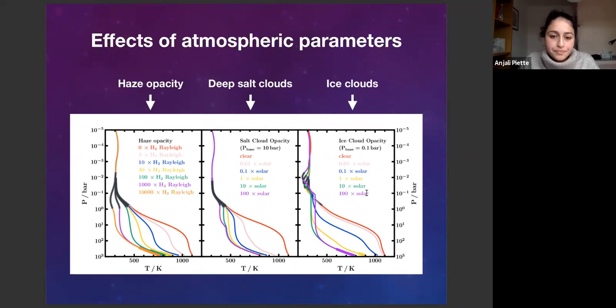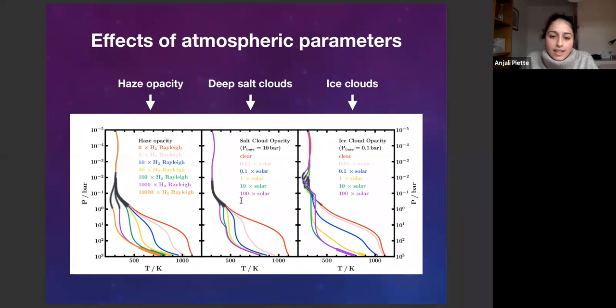And I'm changing the opacity of those clouds, changing the metallicity and cloud particle abundances to see how that affects the temperature profile. So with the haze, we can see that, of course, that optical scattering is undoing the greenhouse effect and really strongly cooling the atmosphere and making the temperature profile much more isothermal. With the deeper cloud, the effects are really happening deeper in the atmosphere.